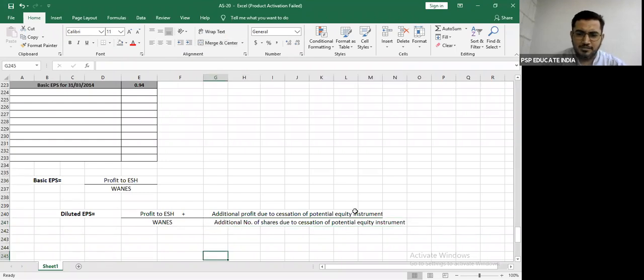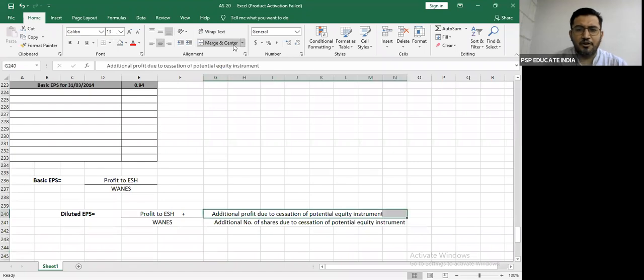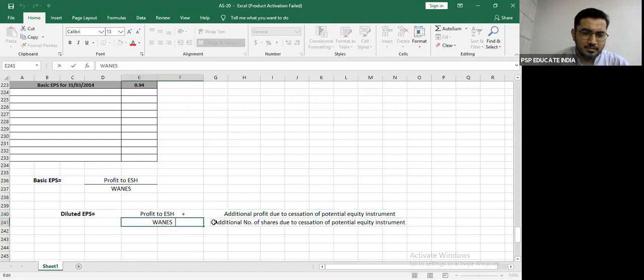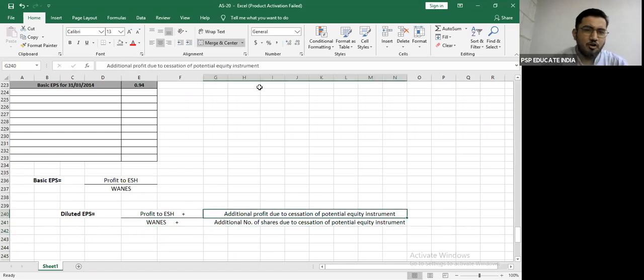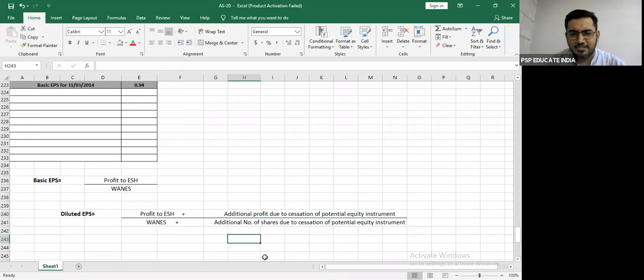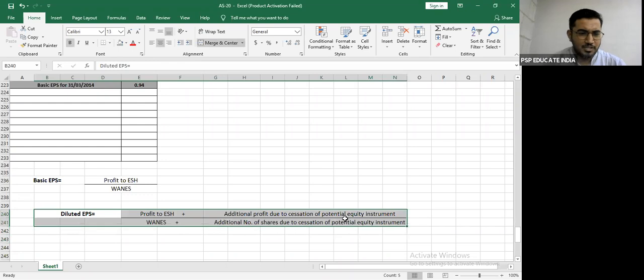So your formula is profit to equity shareholders divided by wins plus additional profit due to cessation of potential equity instrument divided by additional number of shares due to cessation of potential equity instrument. So we will put this formula.